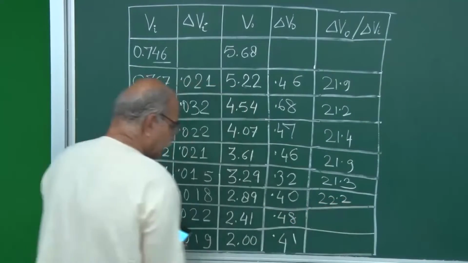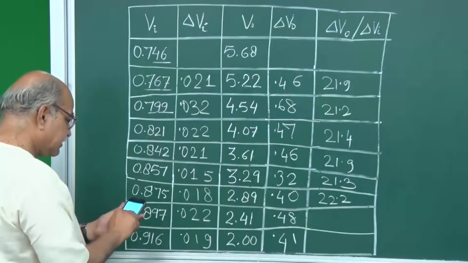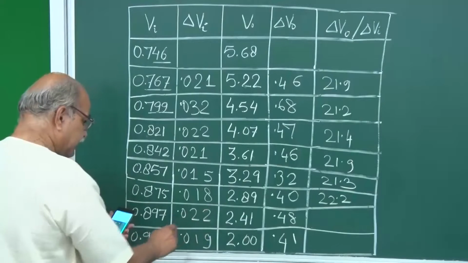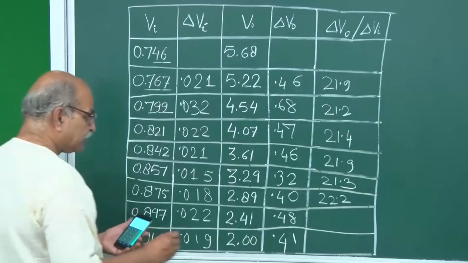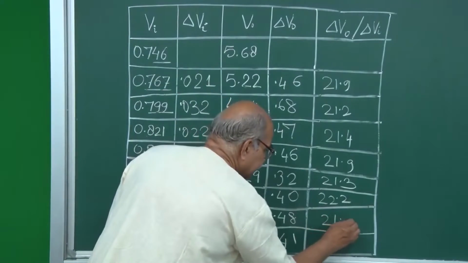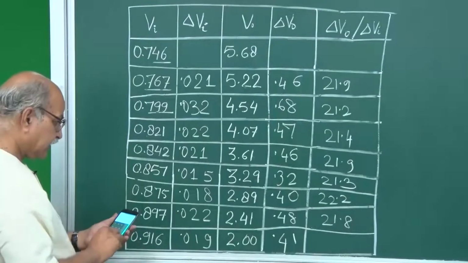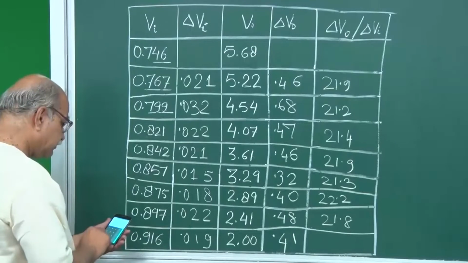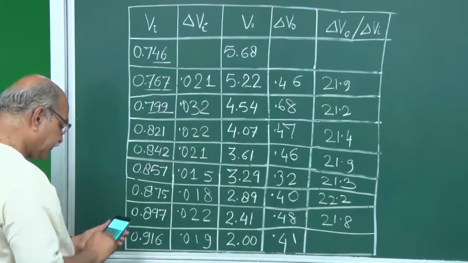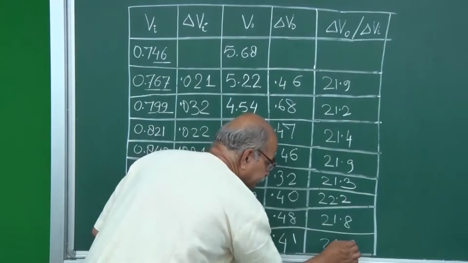Then 0.48 divided by 0.022, and that is 21.8. You have 0.41 divided by 0.019, and that is 21.6.